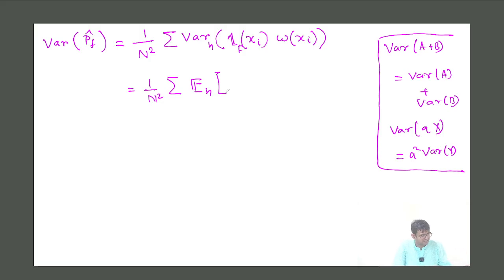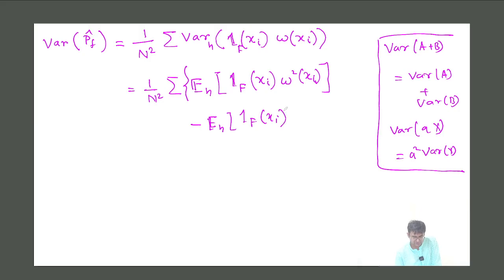So, I square is equal to I. So, I f of xi, and w will become w square. Minus expectation with respect to h of I f xi w xi, whole square. So, expectation square.